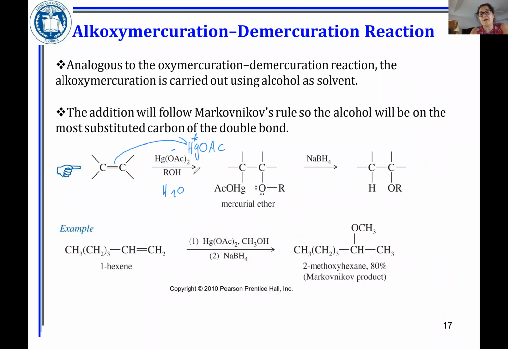Mercury is mercury(II) acetate, but it does ionize to the acetate ion and mercury. So you have HgOAc with the plus charge plus the OAc minus. This is just the acetate ion. Okay, so after it ionizes, you have this acting as a strong electrophile here.